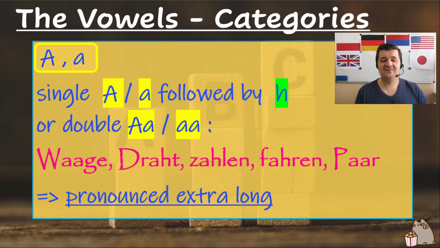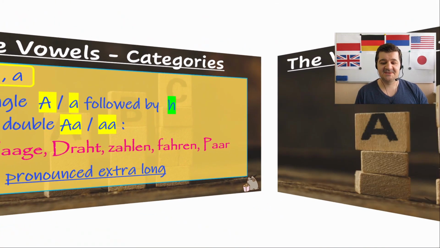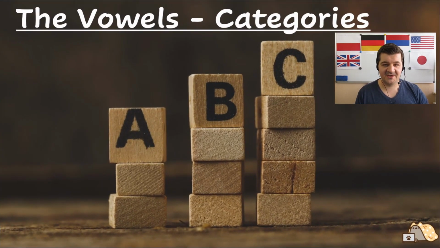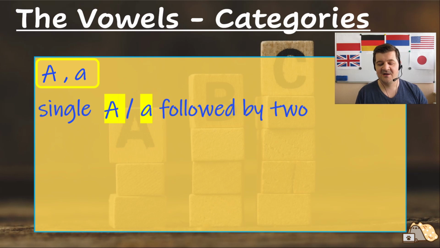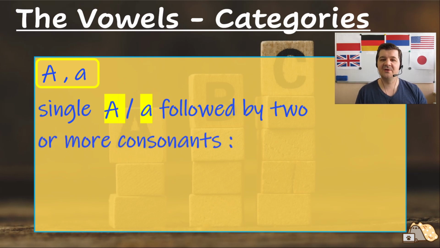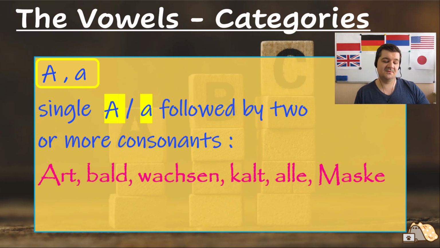Well, the next type of a vowel you can encounter in the German language, the last category that there is left, is a short one. So if you have an A which is now followed by more than one consonant, you have, for instance, words like die Art, bald, wachsen, kalt, alle, die Maske.